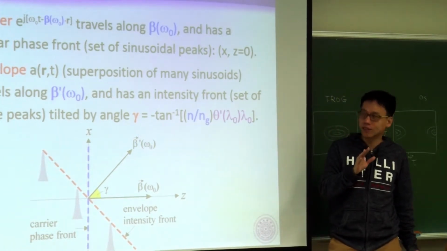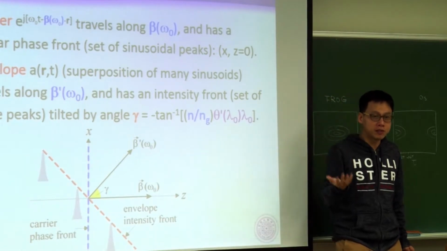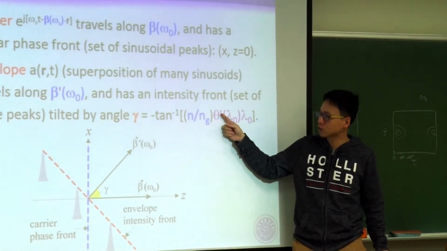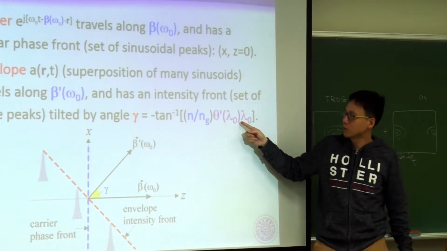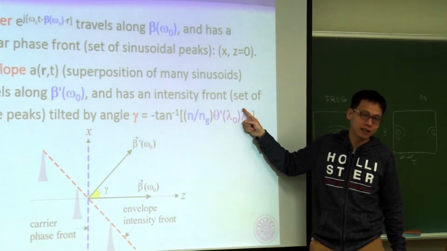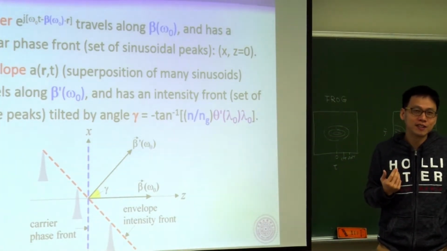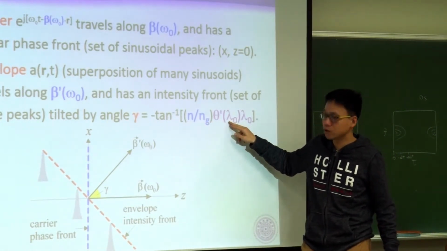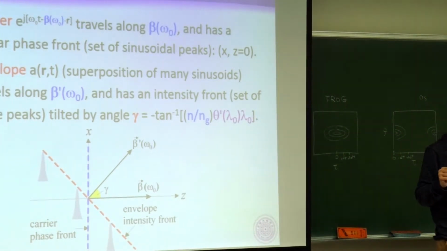But not just that. You have theta prime, right? Theta prime means angular dispersion. Different wavelengths correspond to different diffraction angles, for example. So this is non-zero, okay? It will contribute to the gamma angle as well. So both material dispersion here and angular dispersion here will determine the gamma angle.